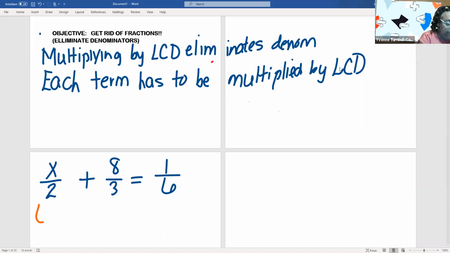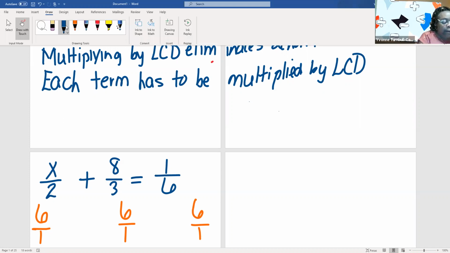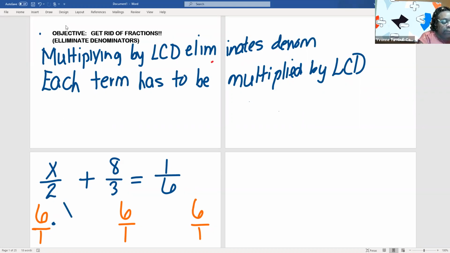I'm going to write my LCD in orange, and because we're dealing with fractions, I'll write it as a fraction. I'm multiplying each term by the LCD, which is written in orange.